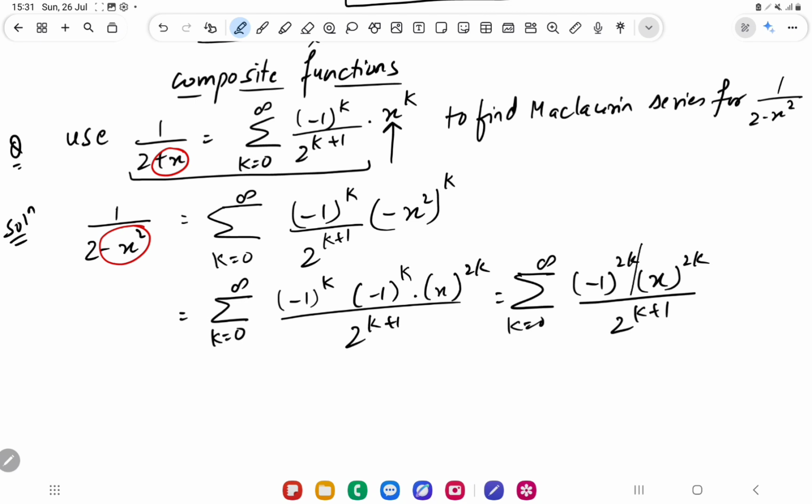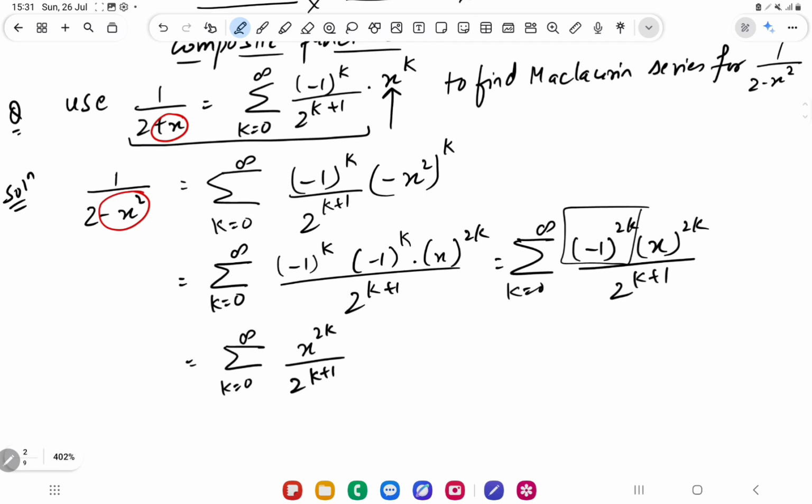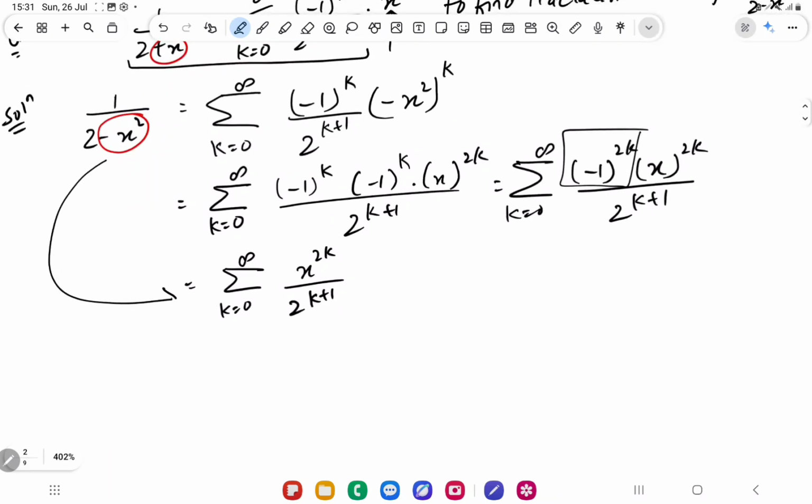So you know that minus 1 to the power 2k will result in a positive value, so I can remove this. So my final answer will be x to the power 2k over 2 to the power k plus 1. So the Maclaurin expansion of 1 upon 2 minus x square is this.